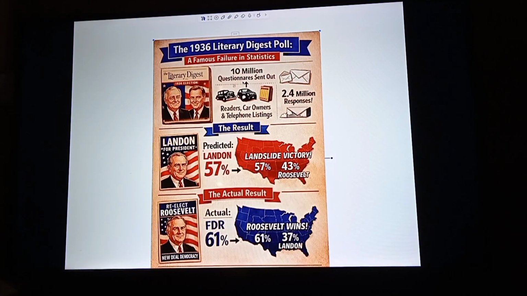But the problem was that these 10 million people were registered with them. They were readers of this journal, or they were car owners, and they were listed in the telephone directory.